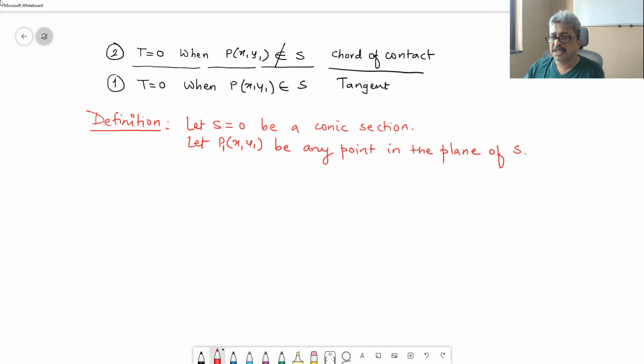Maybe there could be some interpretation if this happens in three-dimensional space or more than three-dimensional space. We will figure out how this is going to change, or will it remain the same, later on. But before that, we need to learn two-dimensional geometry in detail, which we are doing now. So P belongs to the plane of S.